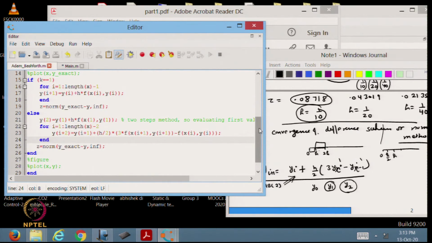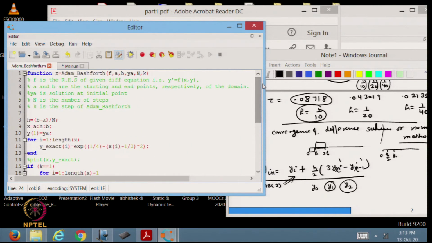So, if I give the value of step, which is basically k here, so that is just a different name.